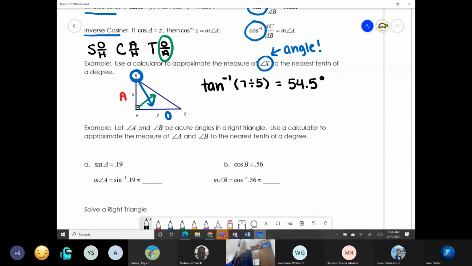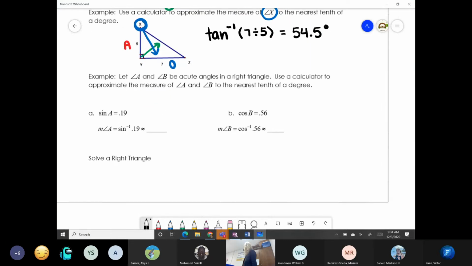So there we go. So let's go ahead and practice a little bit more of this in our calculator. We did tan inverse in our calculator. If you guys want to practice typing these other ones into your calculator, let's do sine inverse of 0.19. So let's hit second sine, so you get the sine inverse, 0.19.